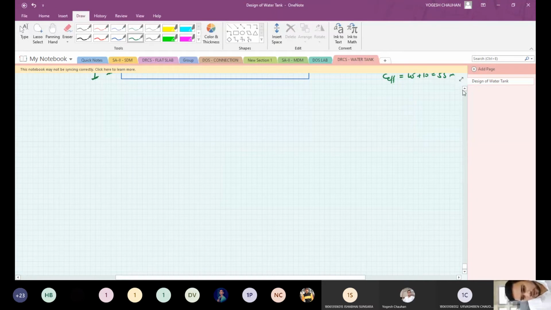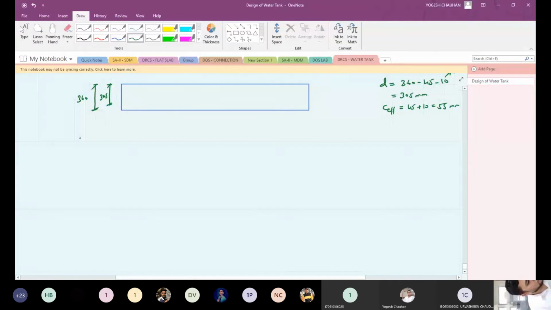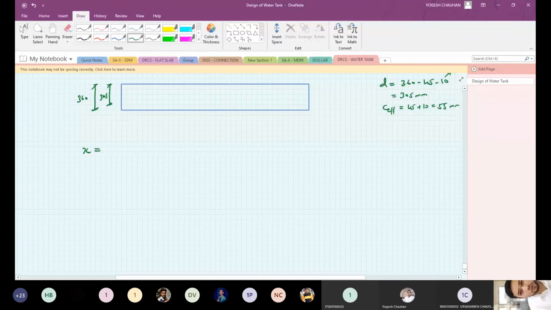So your x will be equal to 360 into 1000, that is 1 meter width, into half of this.